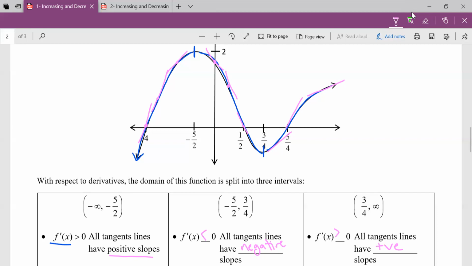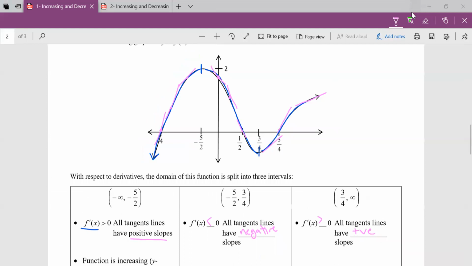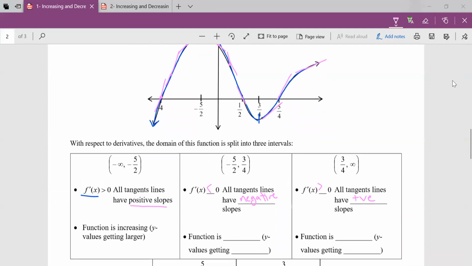So we just figured out something really, really important. If the slopes of our tangent lines are positive, the function is increasing, meaning the y values are getting larger. If a function is decreasing, like it is here in the second interval, that's when our derivative is less than 0 and our y values are getting smaller.